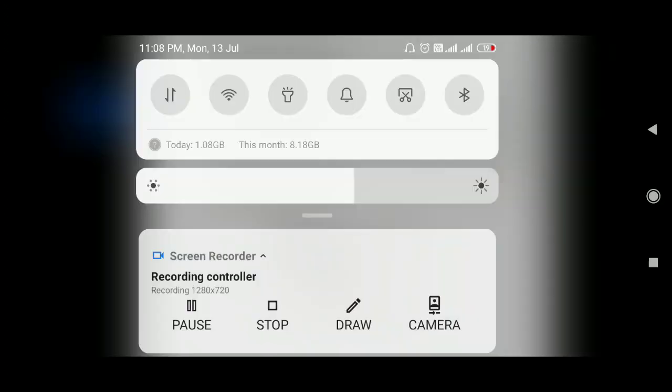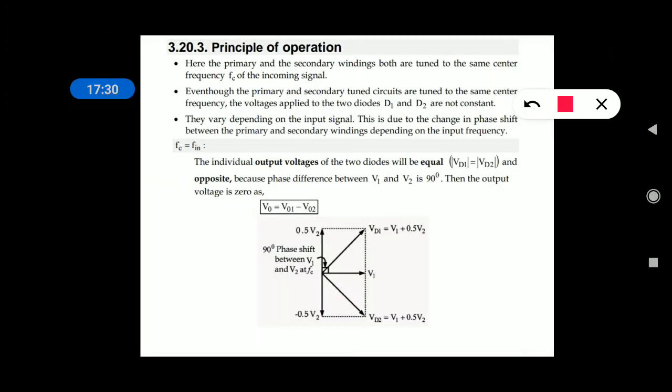Which is represented by a phasor diagram also. Here you can look at this phasor diagram, I can explain. There is a phasor called V1 which is the input voltage, and there is a phasor called 0.5 V2, and another phasor called minus 0.5 V2. This 0.5 V2 is the output voltage across the upper half winding, minus 0.5 V2 is the voltage across the lower half winding, and the output of diode 1 is VD1, which is the combination of the input voltage developed across RFC directly from primary to secondary via CP, and one more voltage 0.5 V2 which is developed through mutual induction, right.